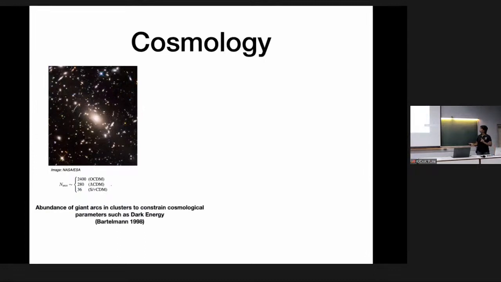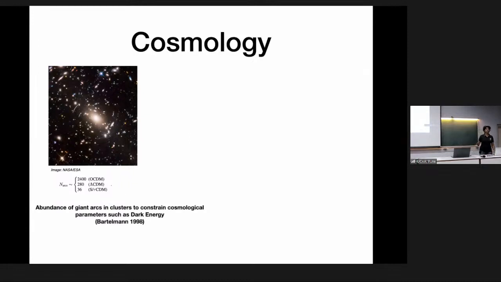So I'm going to show here a few slightly different ways which allow us to study cosmological parameters, but by looking at a statistical population and statistical properties. So not individual systems, but by looking at a large number of lens systems. So this idea has been around for a while now, which is based on the abundance of giant arcs.